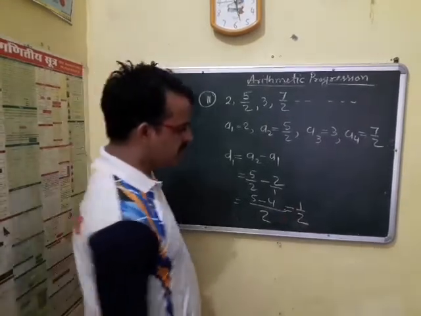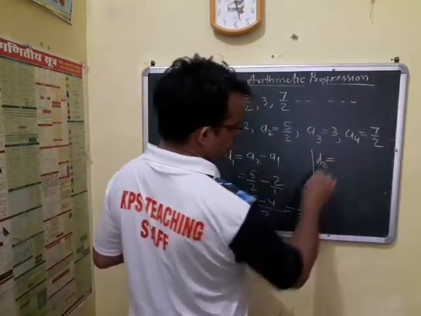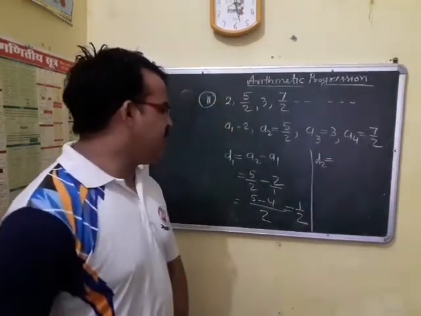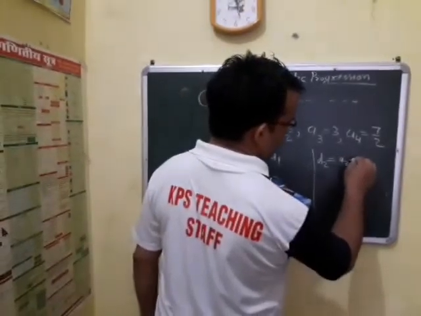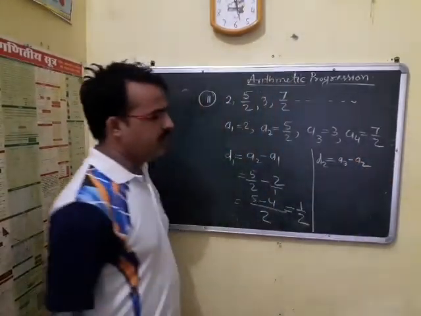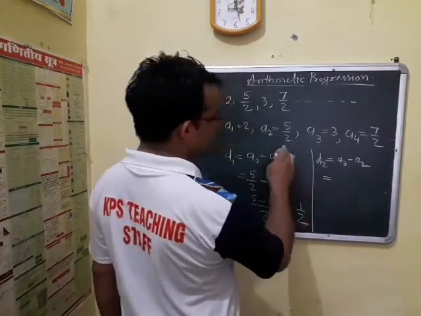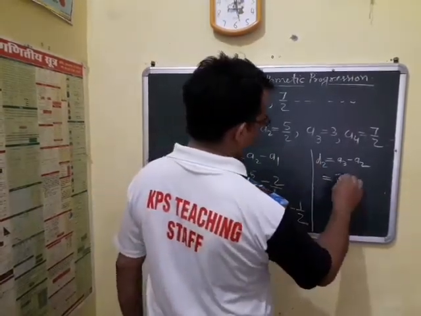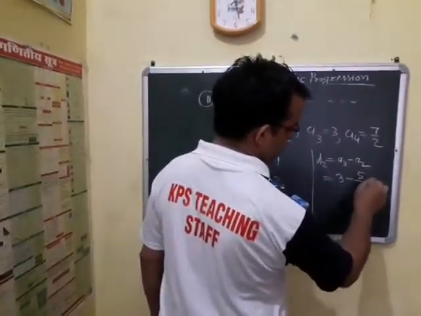Next, find the second common difference, A3 minus A2. A3 is 3 and A2 is 5 by 2.